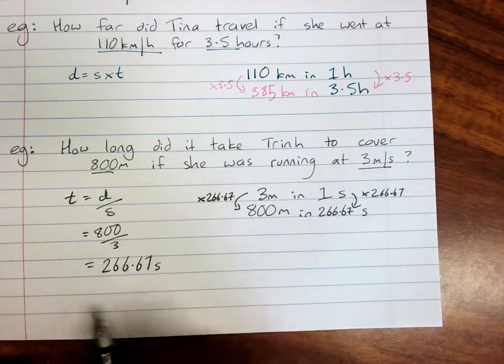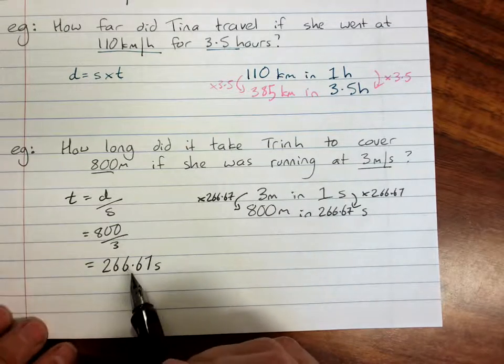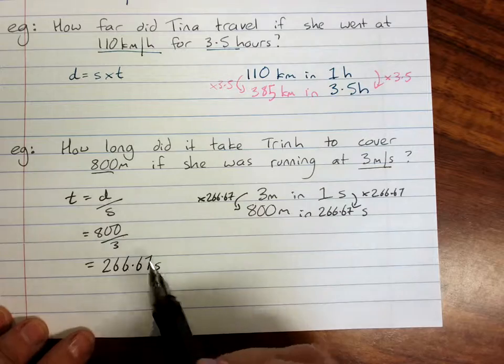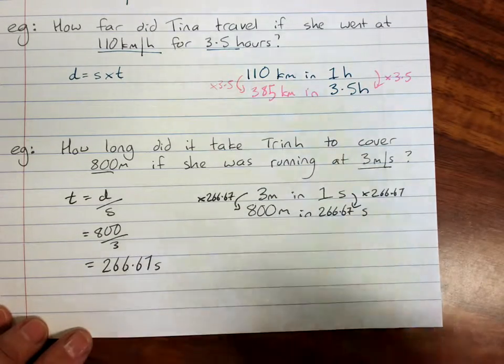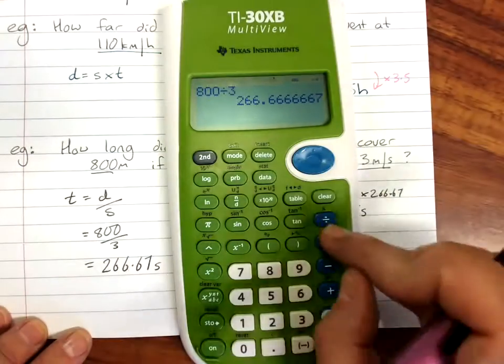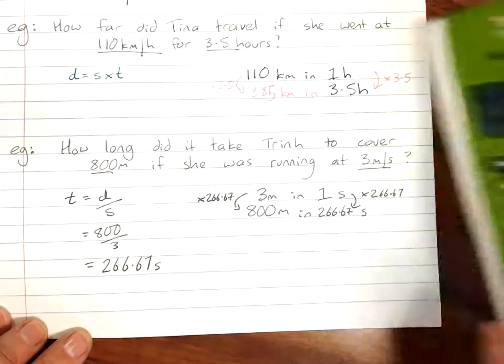Now this would be a bit of a silly answer if I gave an answer in like 266.67 seconds. So we might want to change that to minutes. Seconds to minutes, I'd divide by 60. There we go, 4.4 minutes.